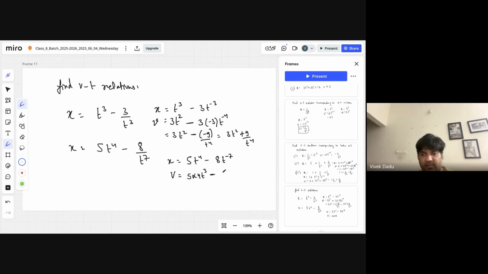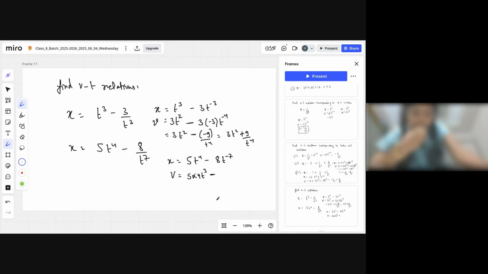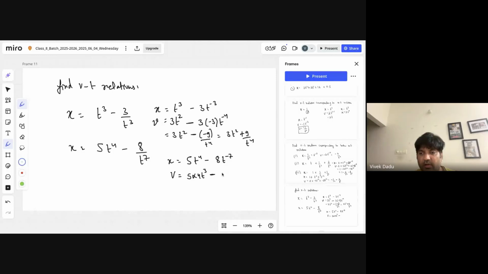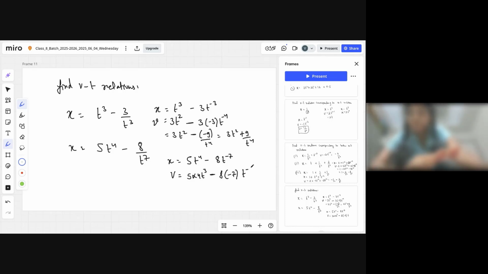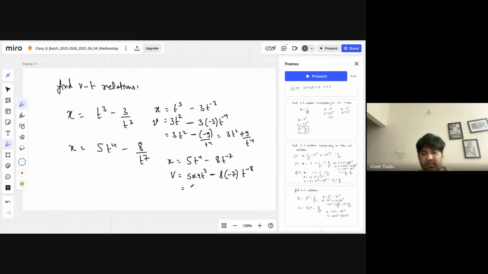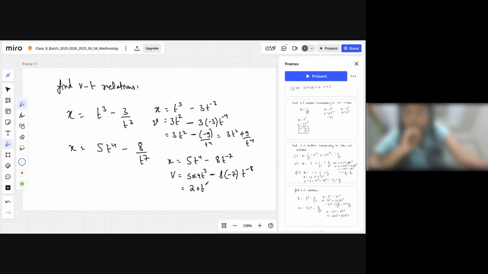Then what happens to 8? 8 into -7, and t power -8. Now next line, this is 20 t power 3 plus 56 by t power 8. Okay.